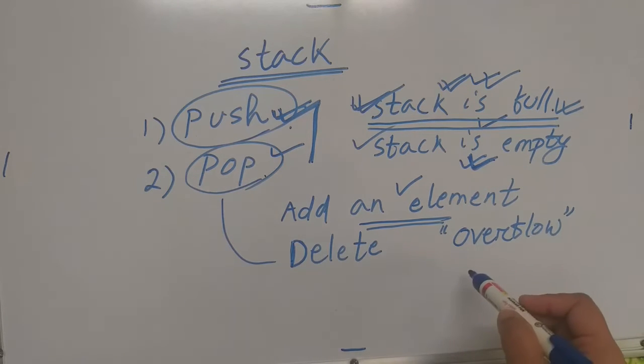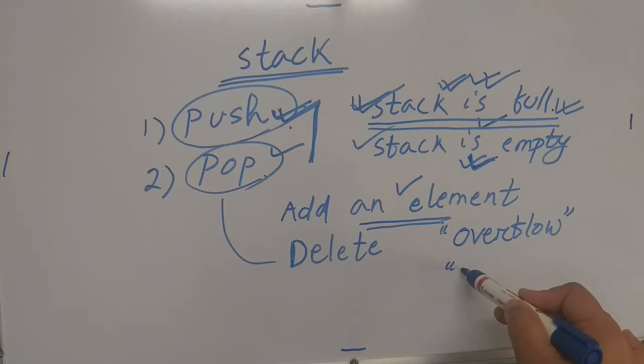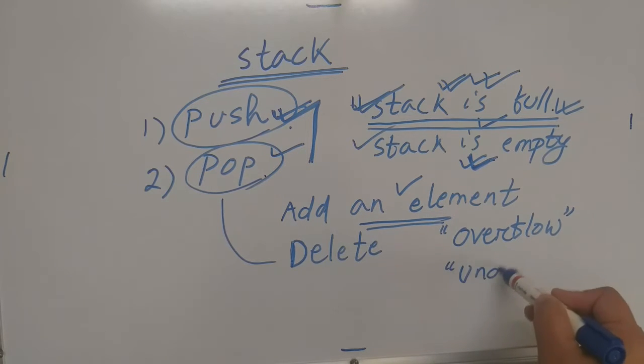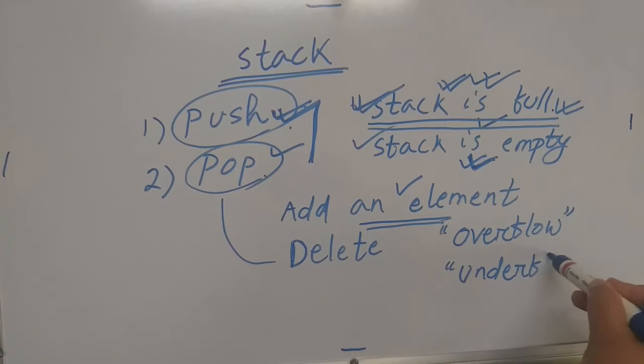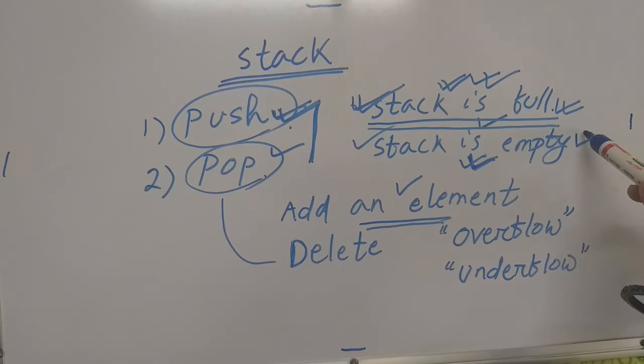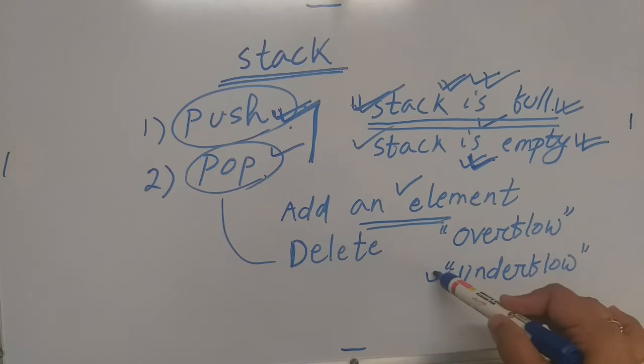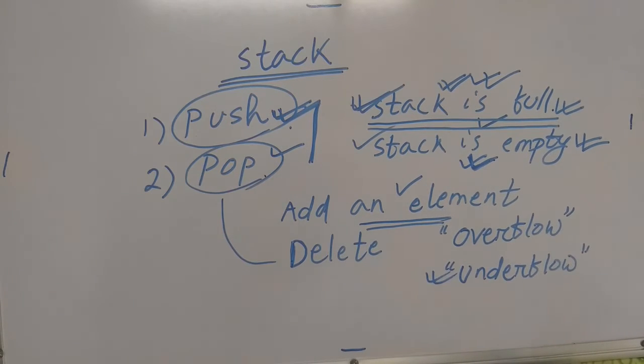And whenever we are doing a pop operation and find that the stack is empty, we write down one message that the stack is underflow. Okay, so these are the two operations we are doing in the stack.